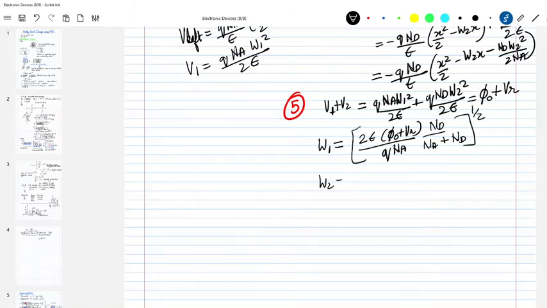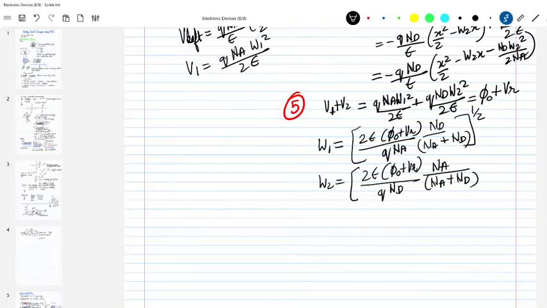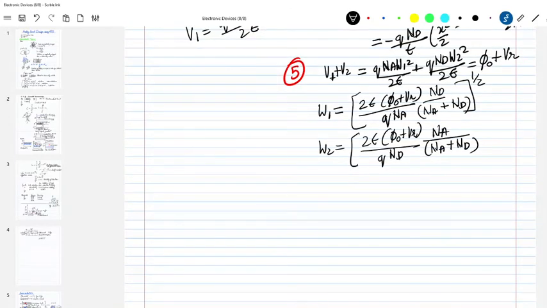And W2 by symmetry is going to be twice of epsilon times phi 0 plus V_R over q N_D, into N_A divided by N_A plus N_D. Let's put them in brackets, raised to half.